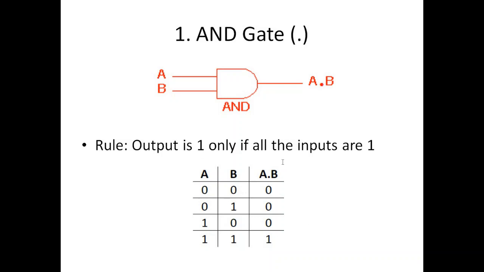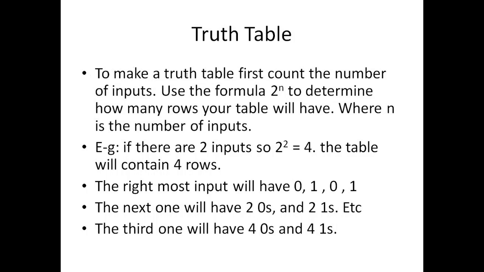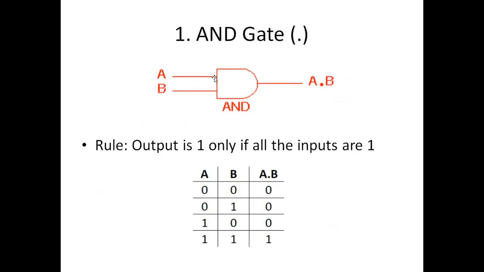Now before we go further, the main question is, how do you make a truth table? In order to make a truth table, first count the number of inputs. For example, over here we have two inputs, A and B, but in a question when you have some logic circuits, you might have up to 3 inputs.